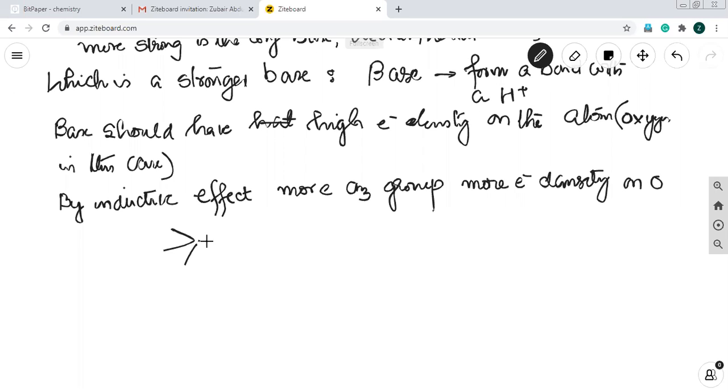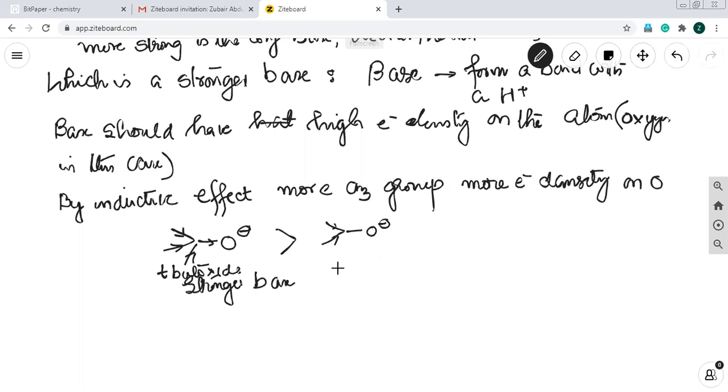See here, O minus, this one, this one, this one. And what is the meaning of that? This is a stronger base. Tertiary butoxide ion is a stronger base than isopropoxide ion.